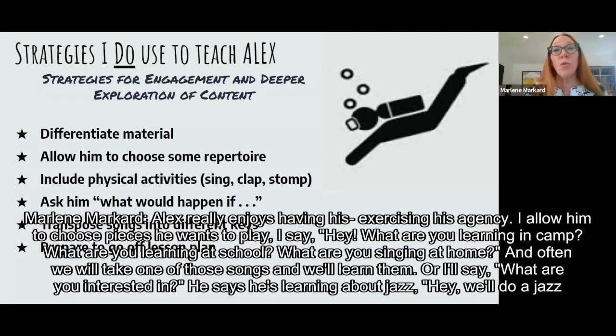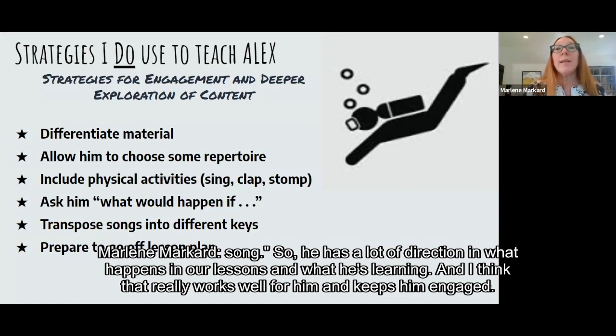What are you learning at school? What are you singing at home? And often we will take one of those songs and we'll learn them. Or I'll say, what are you interested in? He says he's learning about jazz. Hey, we'll do a jazz song. So he has a lot of direction in what happens in our lessons and what he's learning. And I think that really works well for him and keeps him engaged.